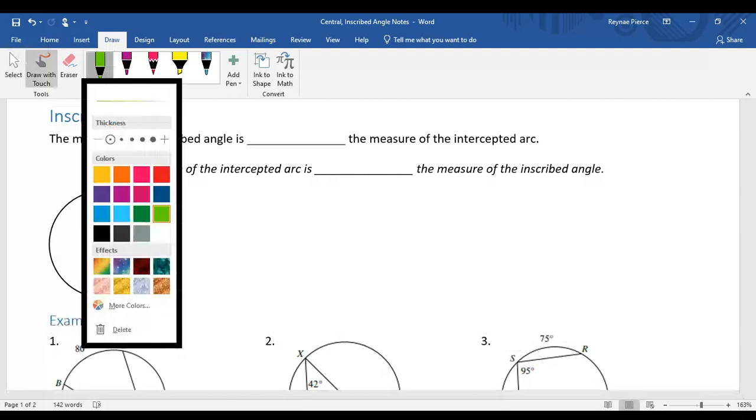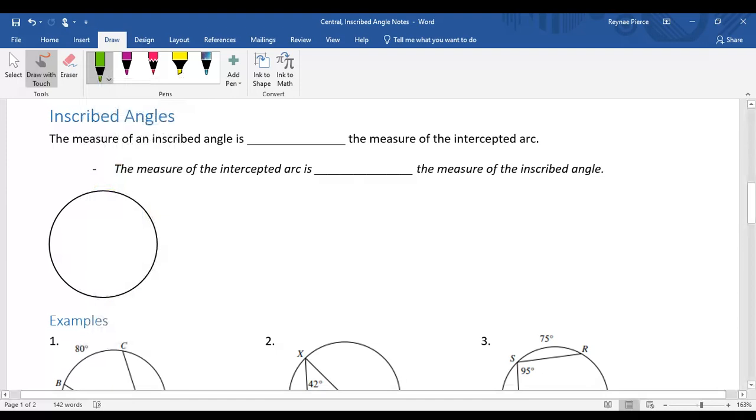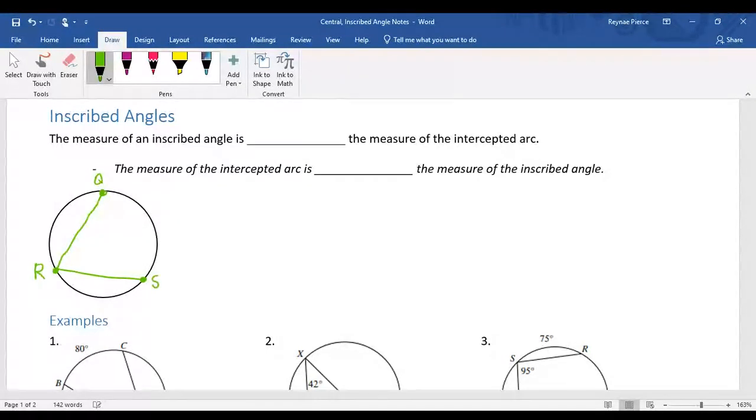Inscribed angles, here, let's do it in green. Remember, the vertex is on the circle and the sides are chords. So we'll say this is QRS.